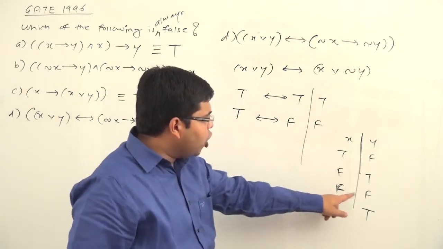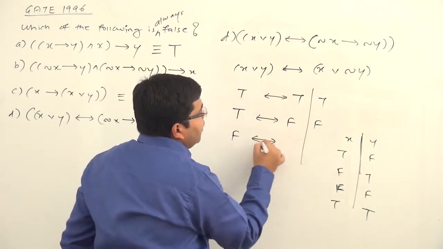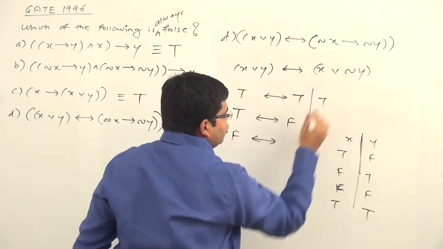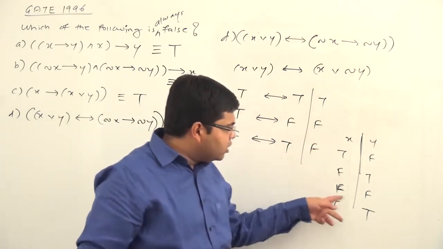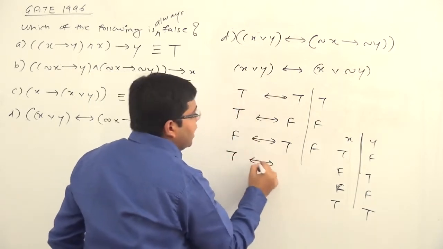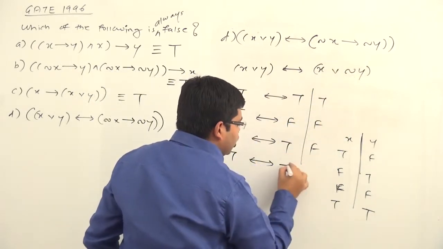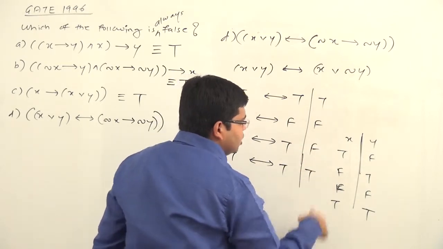Now if you apply false false, this side will become false, double implies false or negation false, which will be true, so false double implies true, which is false. And if you apply true true, then x or y will become true, and x or negation of y will also become true, and this will become true double implies true, which is true.